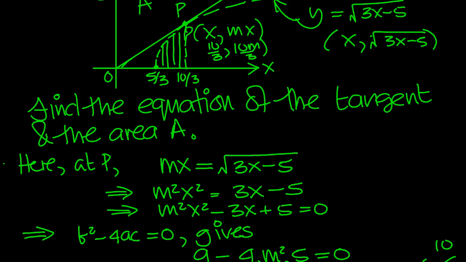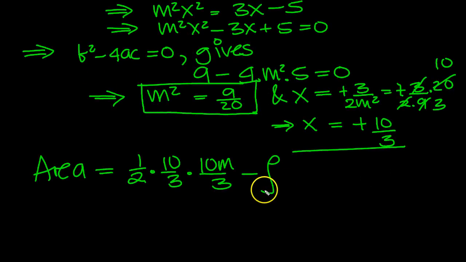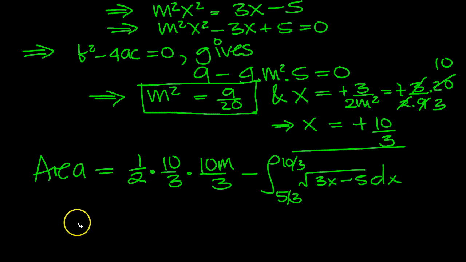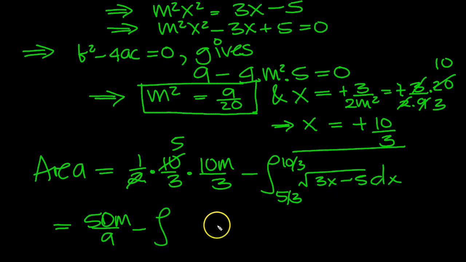So it's just a definite integral, isn't it, of that square root between 5/3 and 10/3 of the square root of 3x minus 5 dx. So there's our answer then. So it's 100, that will be 5, and that will go, so it's 50 over 9m, or 50m over 9, minus the integral of this to the half.